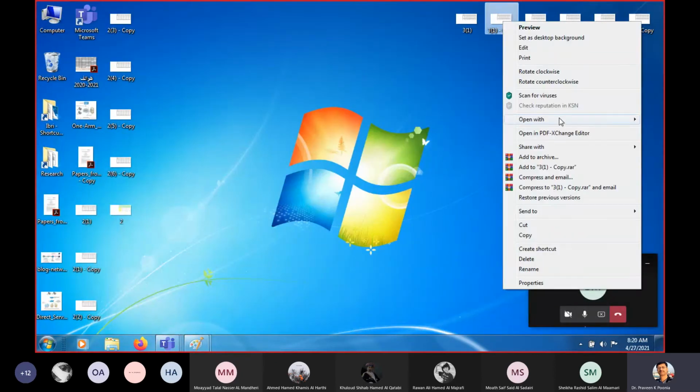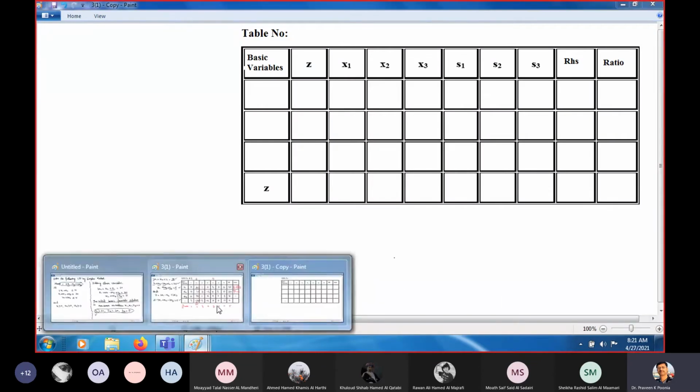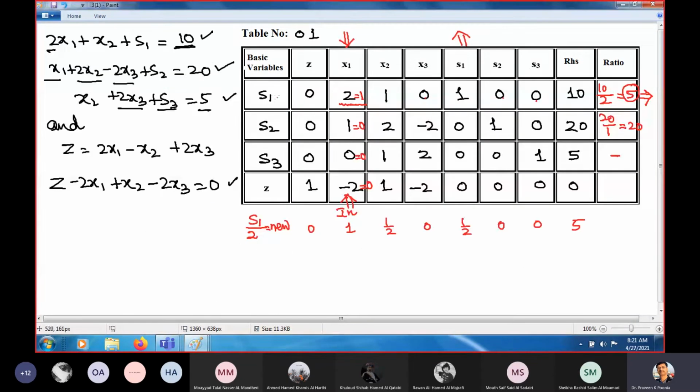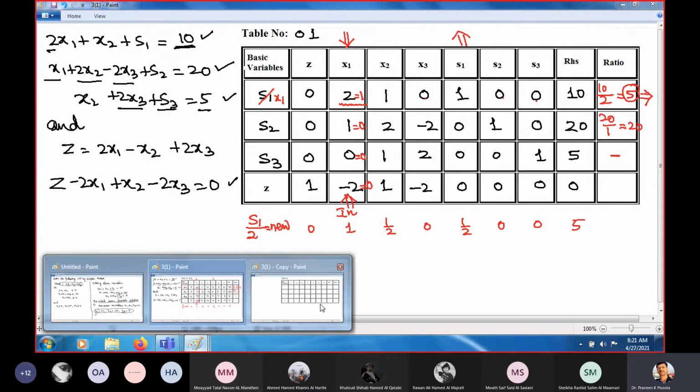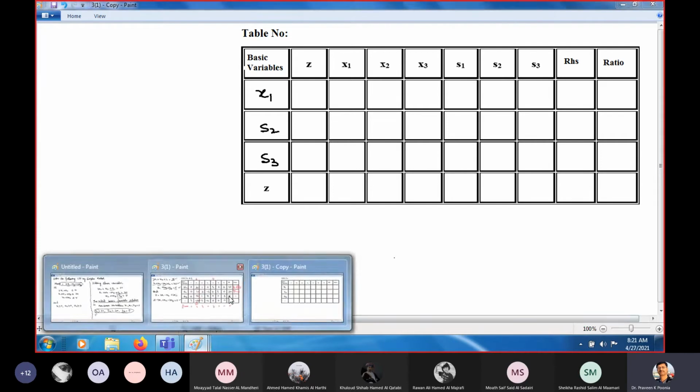Next table we are going to make. And how are we going to make it? First we will check what the variables are. So this S1 is replaced by X1, because S1 is deleted. S1 is out, X1 is in. So X1, S2, S3. Clear?